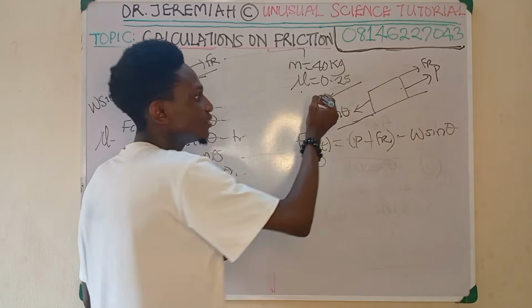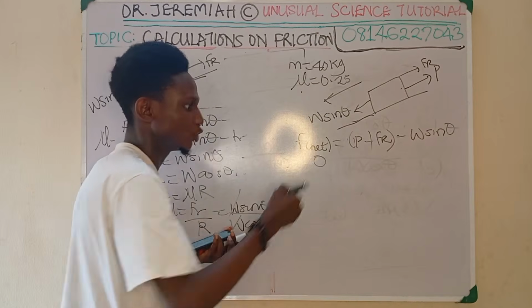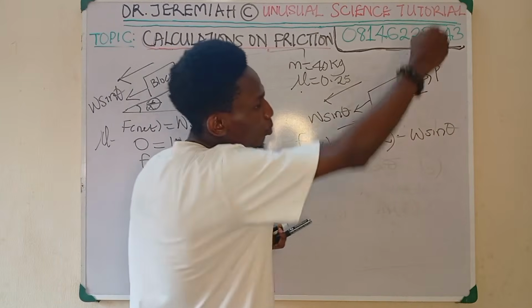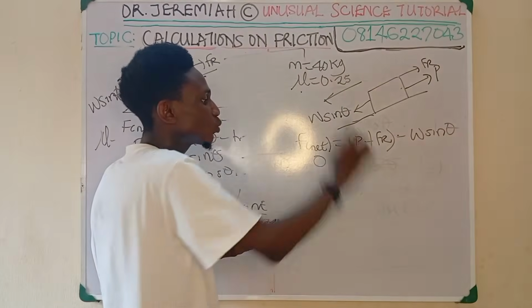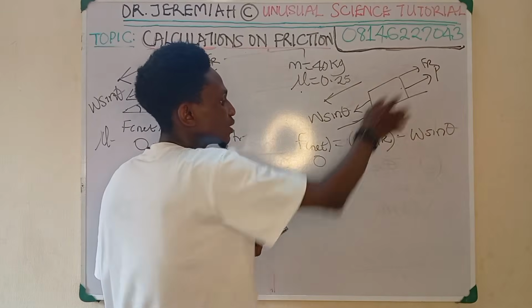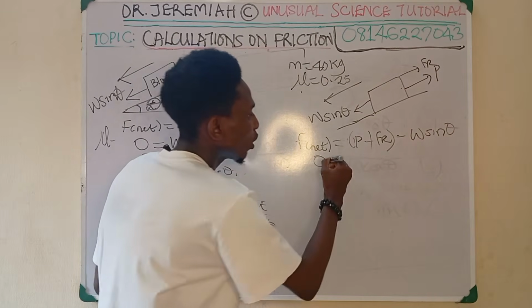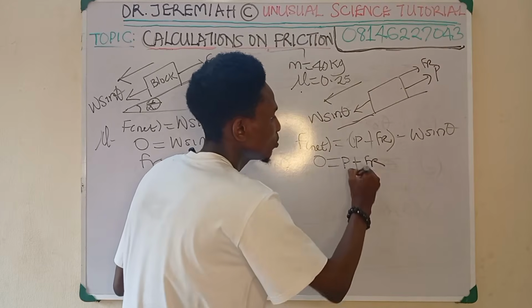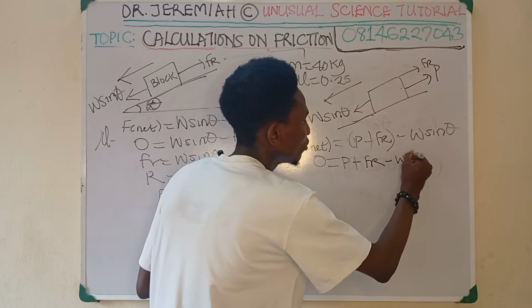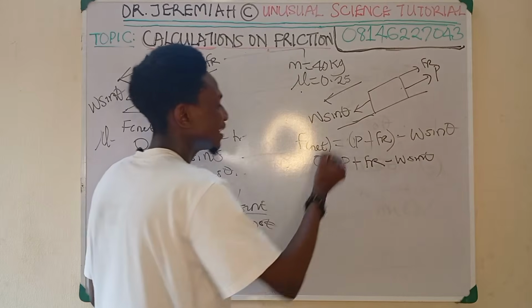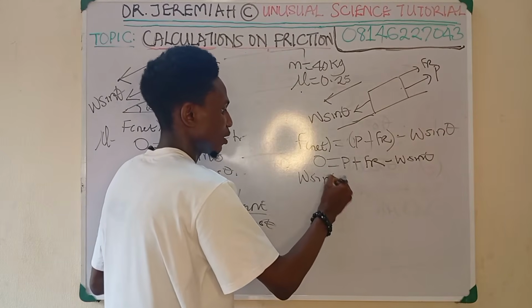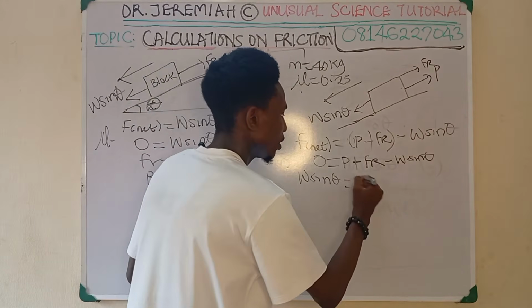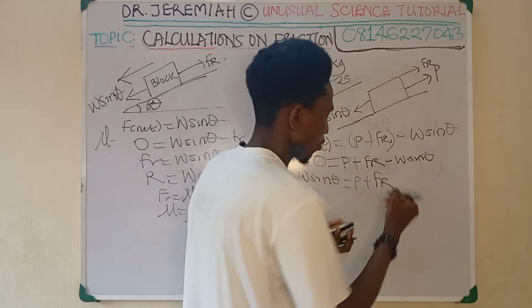I said this because the initial motion was downwards. You get it? Although the body is now stationary, the initial motion was downwards, so the frictional force was here. So P plus FR minus W sin theta. You bring W sin theta over, and you're going to get W sin theta equal to P plus FR.